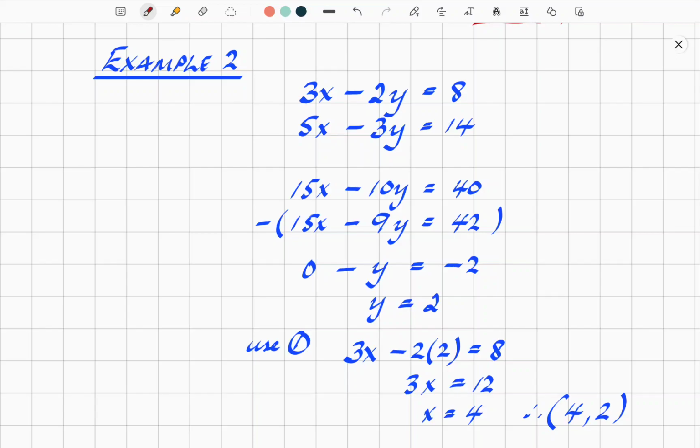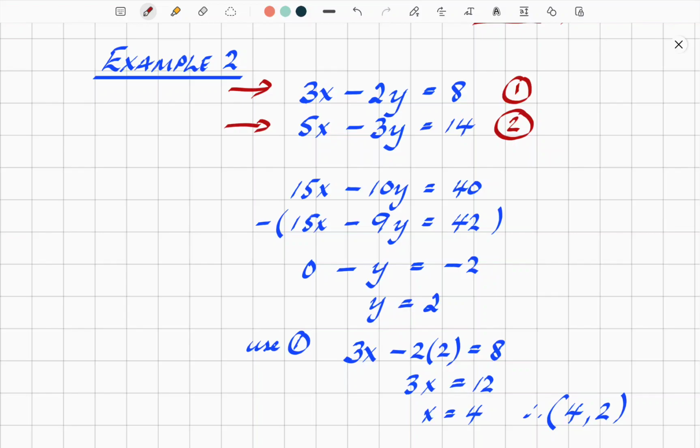If we have an example like this, where equation 1 is 3x minus 2y equals 8, and equation 2 is 5x minus 3y equals 14.